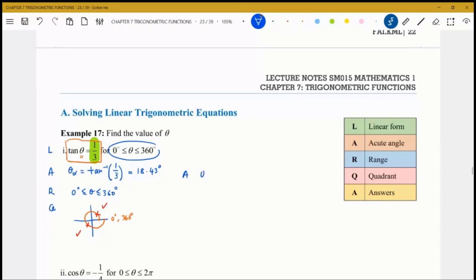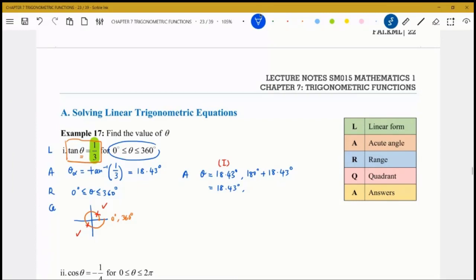So first theta kita adalah pada first quadrant, so it's gonna be equal to acute angle kita which is 18.43. Okay, ini pada kuadran yang pertama.